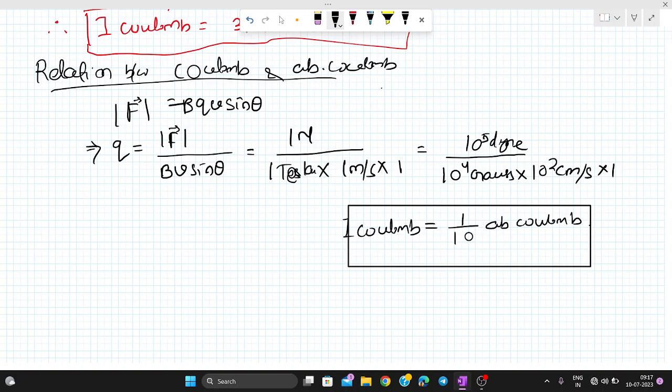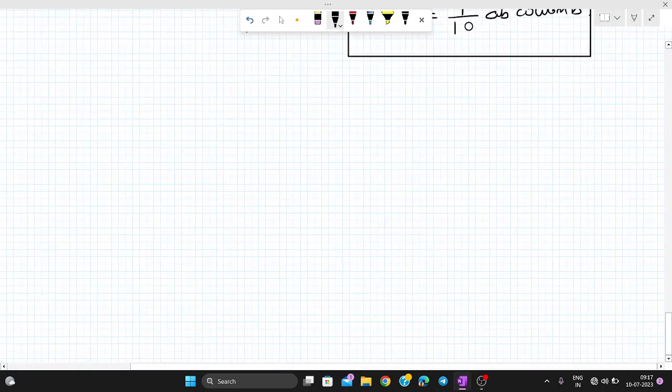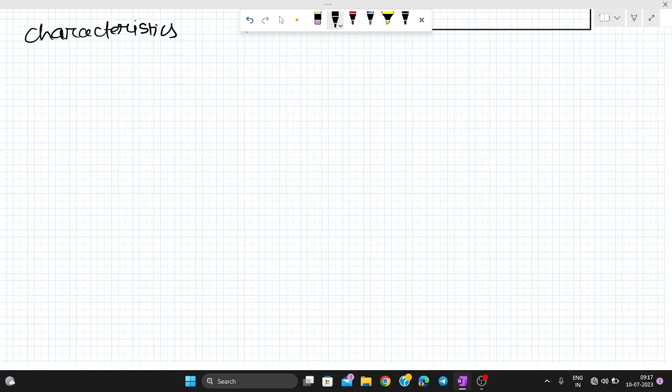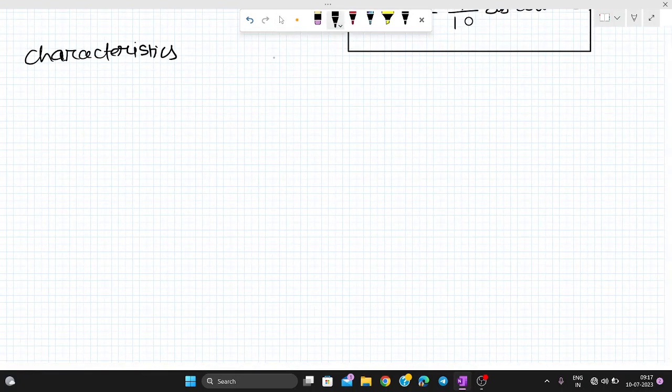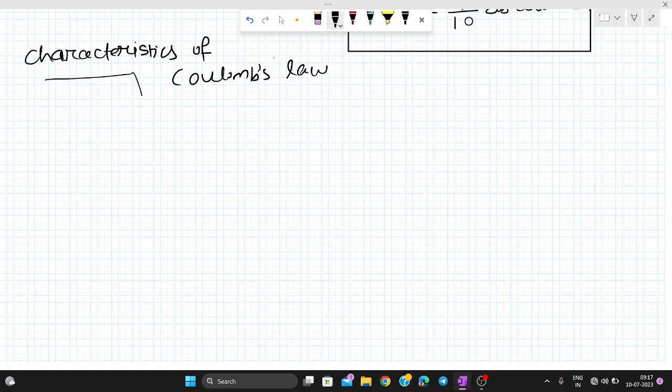So let's see a few important points about Coulomb's law. Okay. Some important characteristics of Coulomb's law. Let's look into it.